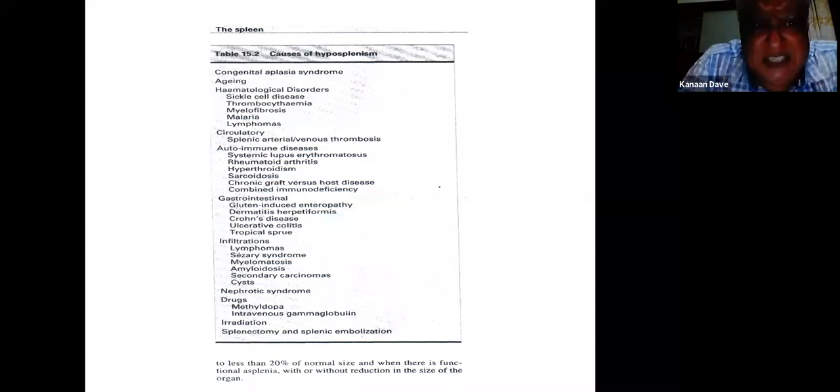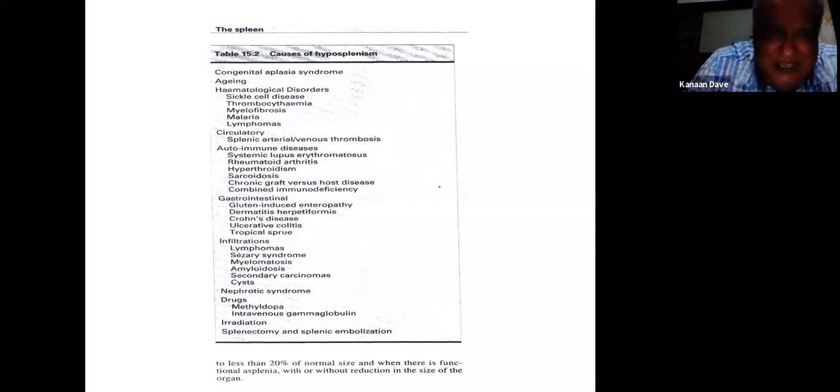And in other conditions like thrombocythemia, that is where the platelets are produced in large numbers, that causes again infarcts of the spleen. A massively enlarged spleen will outweigh its blood supply, and we get infarcts of the spleen, and that's what happens in myelofibrosis, malaria, and lymphomas.